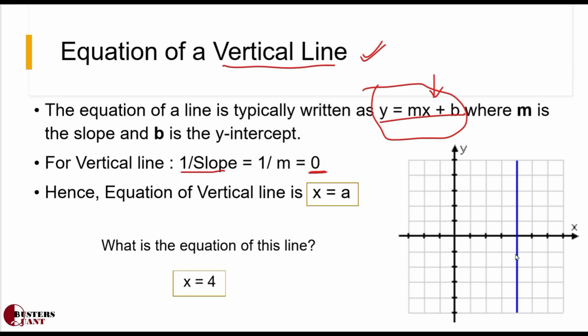For example, for this point, this is 4 comma minus 1, this is 4 comma minus 4, this is 4 comma 3, like this. So x will always be constant, y will keep on changing. So equation of line is in this form, x is constant, x equal to a. For example, for this line, the equation of line will be x equal to 4.